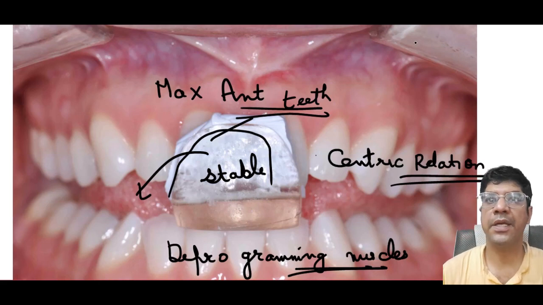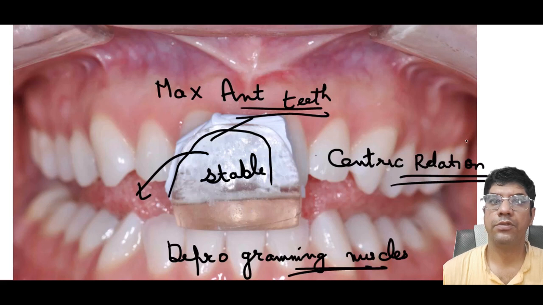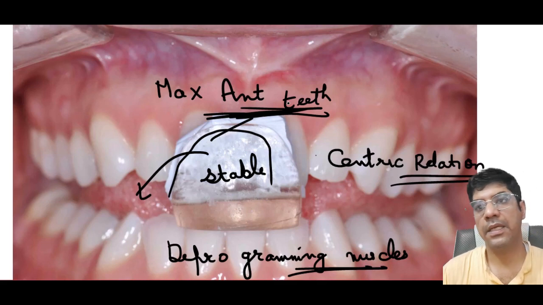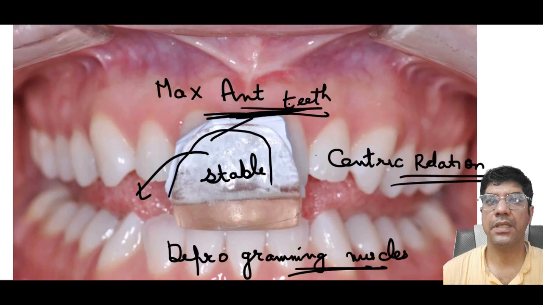Other than that, the jig provides a consistent and stable position for the jaw. That is important for recording the centric relation. It is placed on the maxillary anterior teeth. The patient closes the mouth until the lower anterior teeth touch the jig.